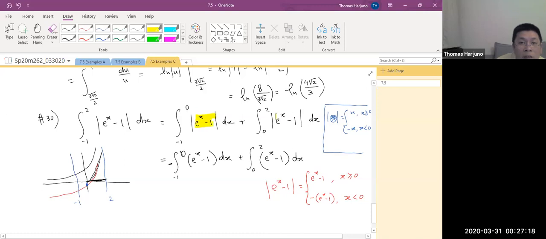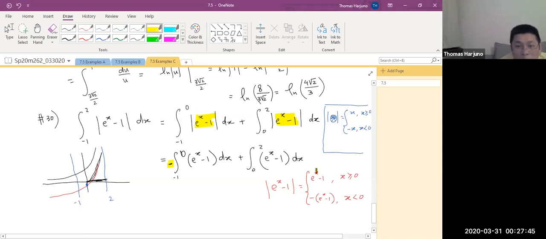When it is positive, we can just take off the absolute sign, while if e to the x minus 1 itself is negative, when I take away the absolute sign, I need to apply the negative. Okay, so that's how we're supposed to do it.